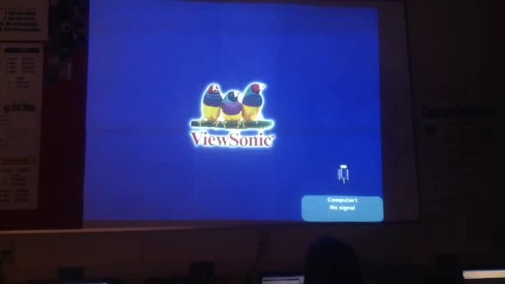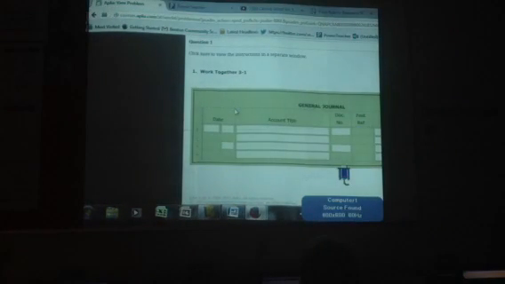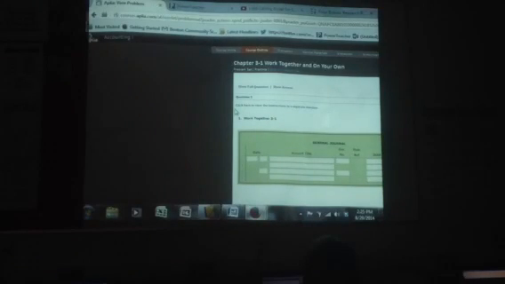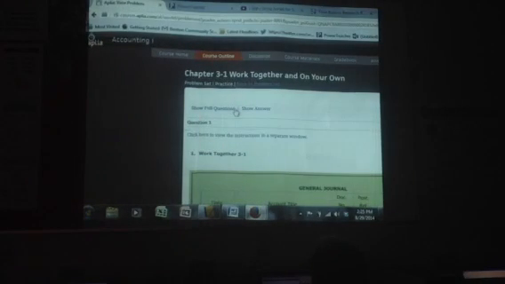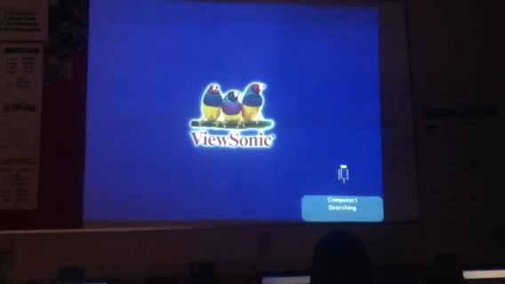Alright, so 3-1, you can either look at the instructions on the screen, or you can go to your book.